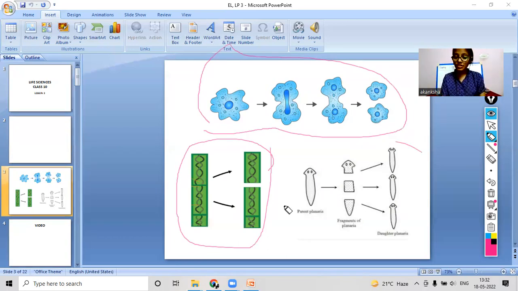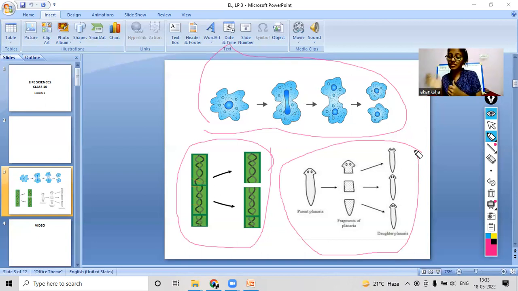The third diagram is similar to fragmentation, but what happens in planaria and hydra is the regeneration process. So this was all about recalling our previous class.